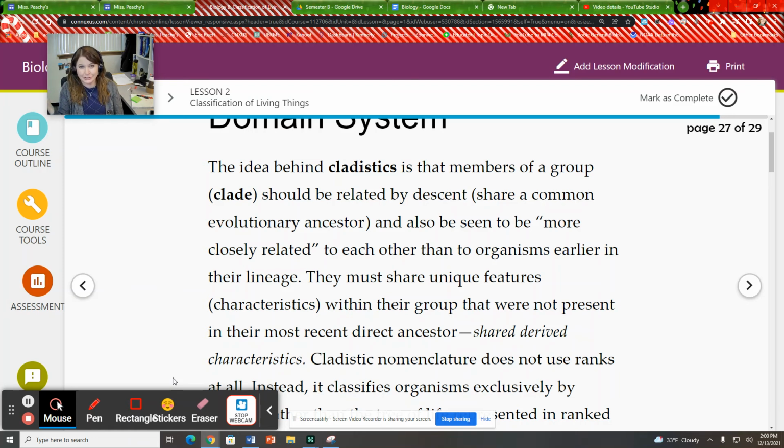So if we trace our ancestry far enough back, we might be really distantly related to somebody who lives a couple towns away that potentially shared our great great great grandmother a long time ago, right? We're not closely related anymore, but we have a distant ancestor.